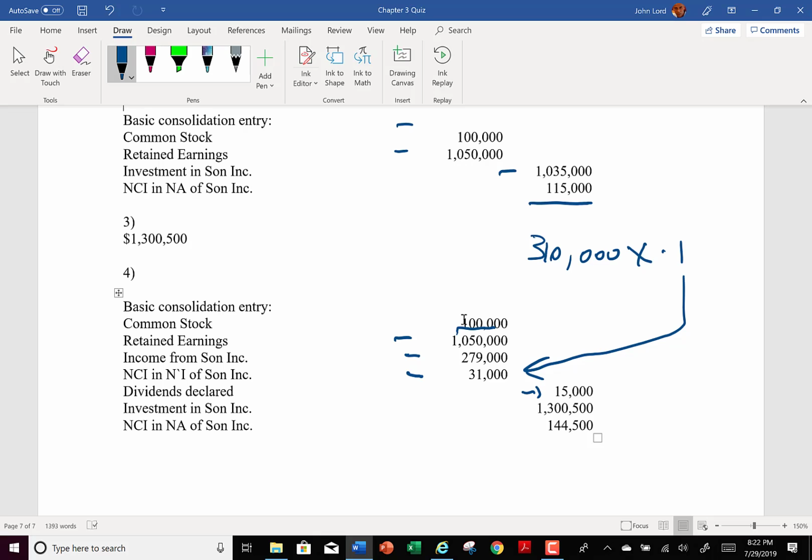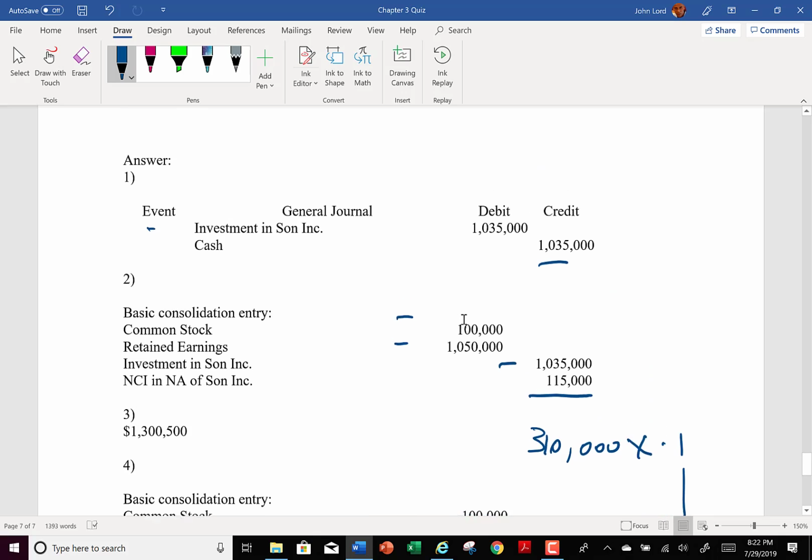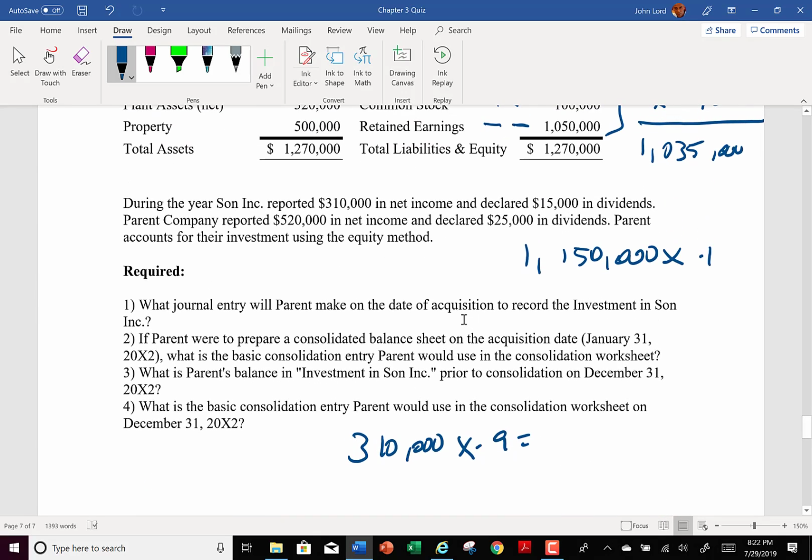Then the problem tells me that the parent had income of 1,035,000, but the subsidiary had income of what? 310 using the equity method. 310,000 times 0.9 gives me 279,000. Yes.